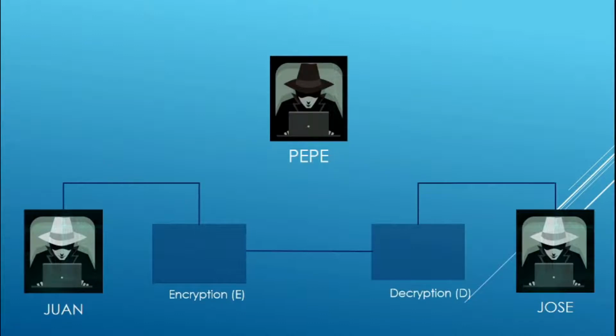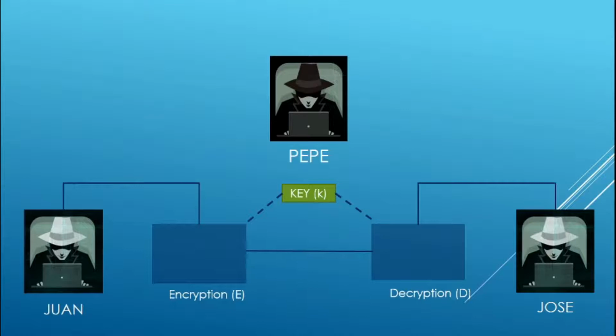The encryption and decryption algorithm requires a certain key para gumana. So, it is implied na merong coordination na required para maging successful yung communication process.